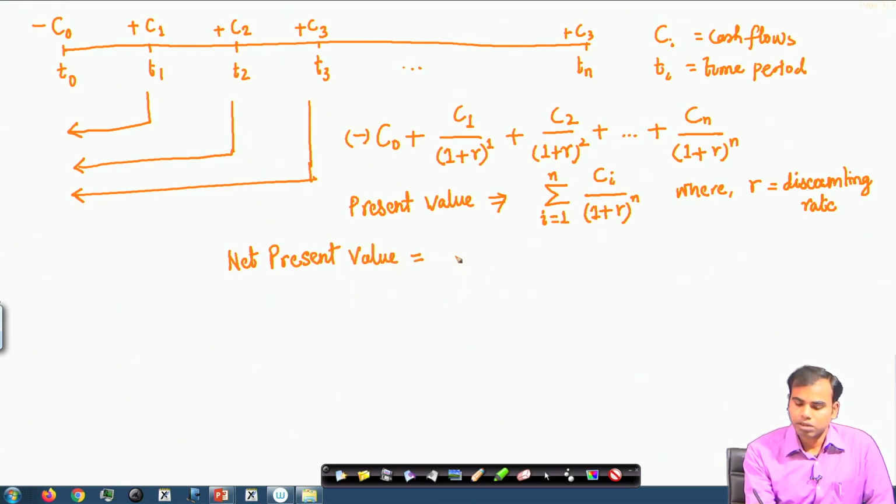essentially it is your initial investment, which is a negative cash flow of C 0, and the sum total of all future cash flows present value.